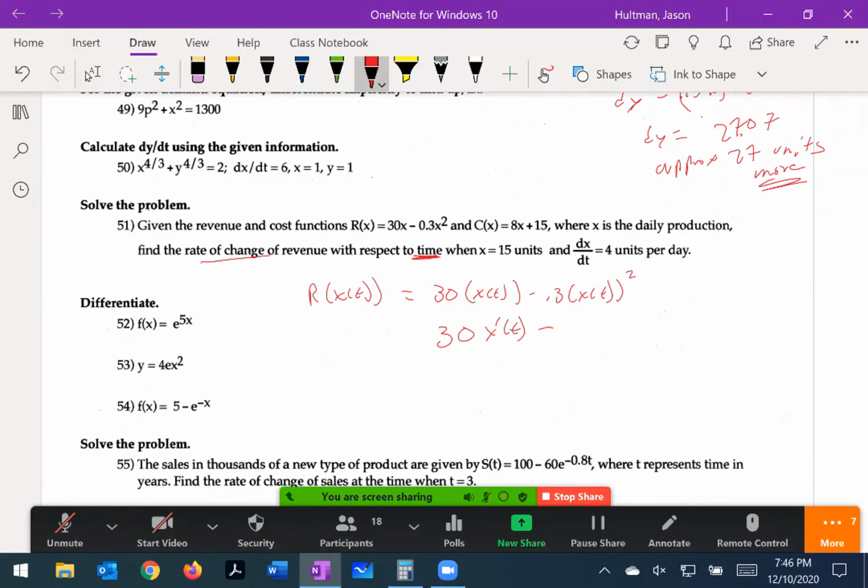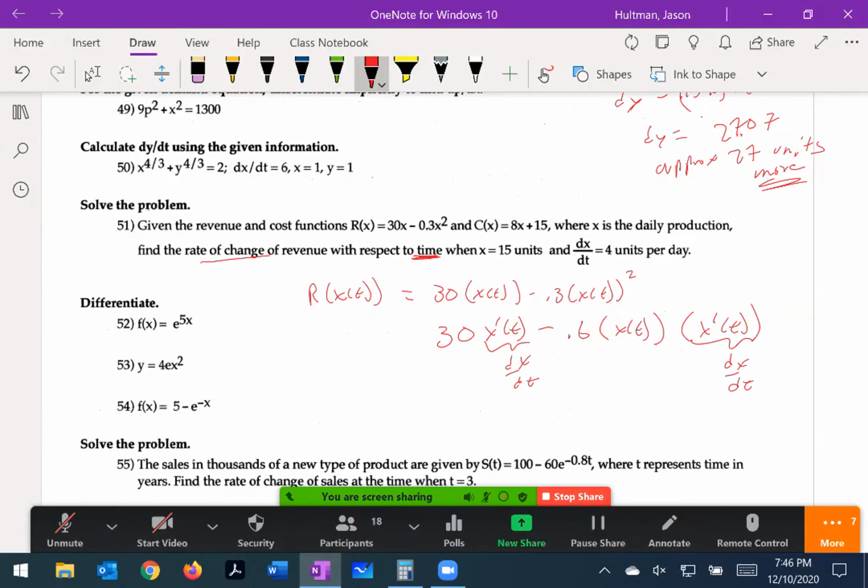Minus 0.6 times x of t times x prime of t, okay? Where they're saying that x prime of t is dx dt.